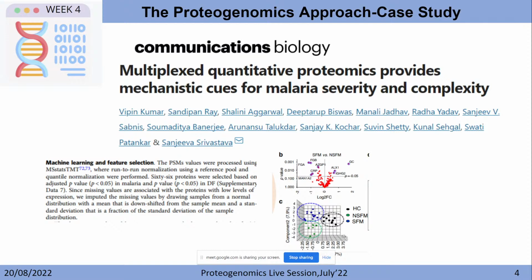Taking all this into consideration, a considerable amount of missing values comes in proteomics data, so we need to impute those data, because otherwise we can lose many biomarkers which are of our interest, which can be genuinely interesting proteins.